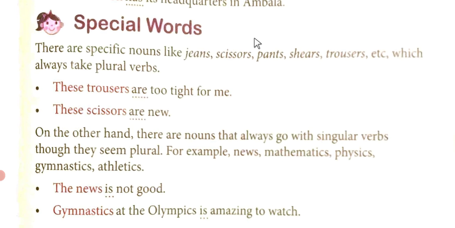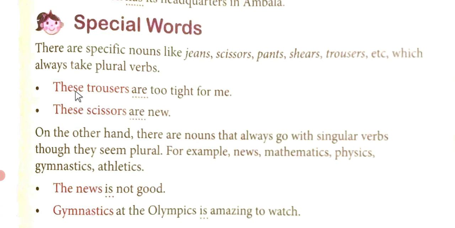Next, move on to special words. There are specific nouns like jeans, scissors, pants, shears, trousers, etc., which always take plural verbs. Always remember jeans, pants, scissors, shears, trousers, etc., which always take plural verbs.